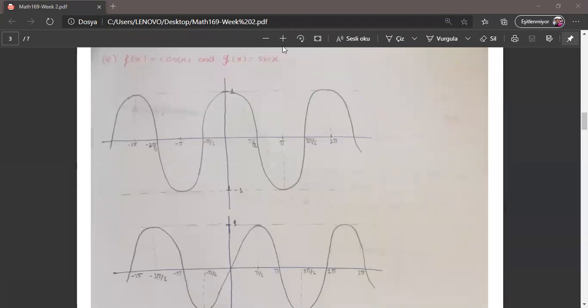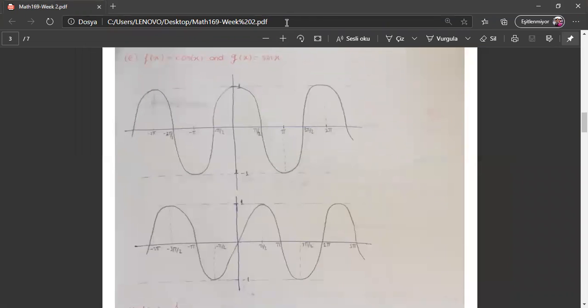And cosinus and sinus. Again, you need to know. So cosinus x is this one because cosinus 0 is 1, as in here, when we put 0, we get 1 on the graph of the cosinus.